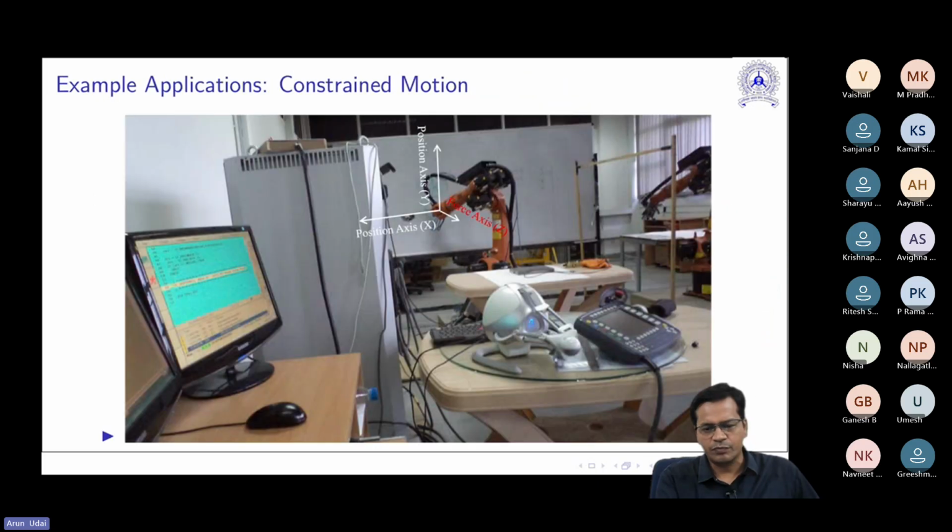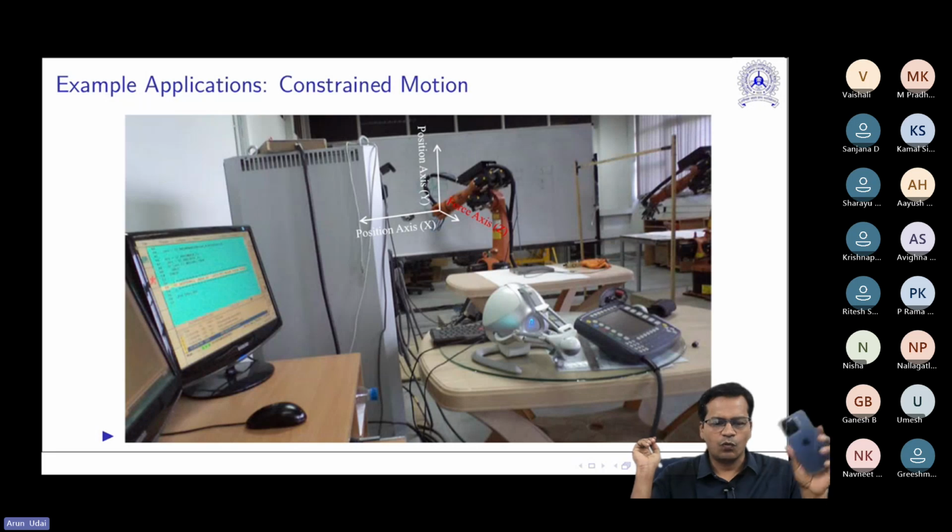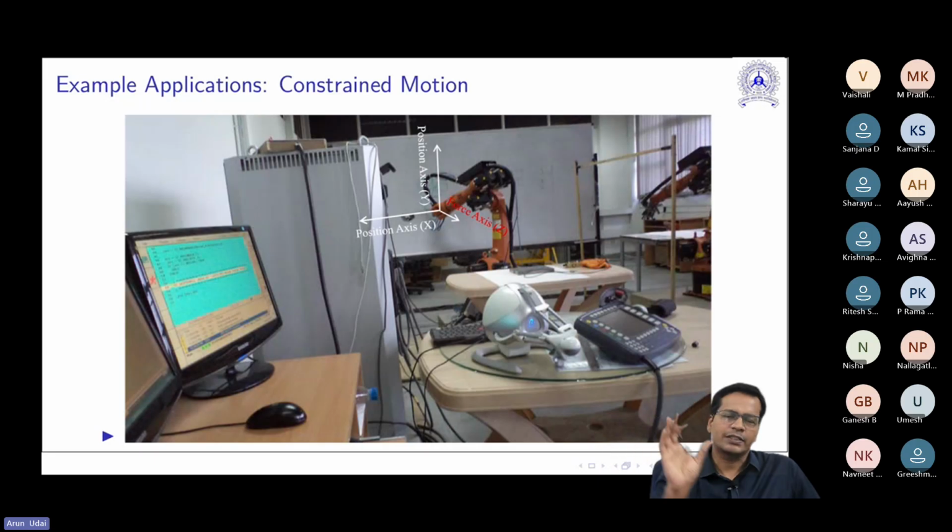So these are some of the constrained motion tasks in which I have shown a robot writing on a blackboard or a whiteboard. So what essentially you can do, any body in space has got 6 degrees of freedom, right? Maybe when you are wiping a board, you can move on the surface whereas you cannot get into the board.